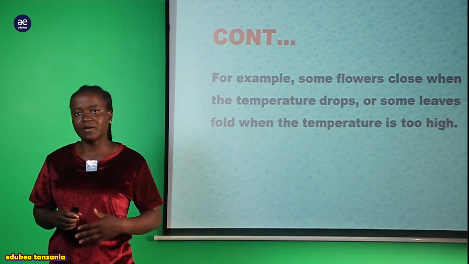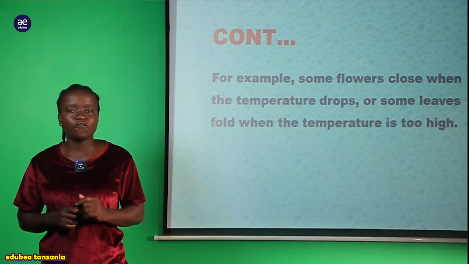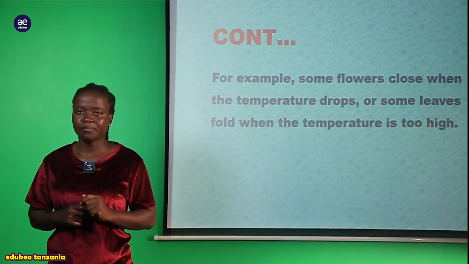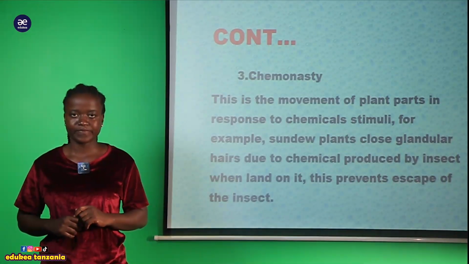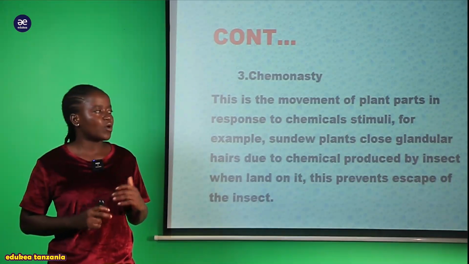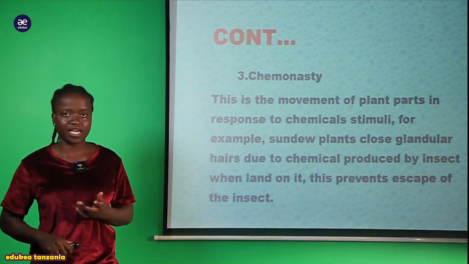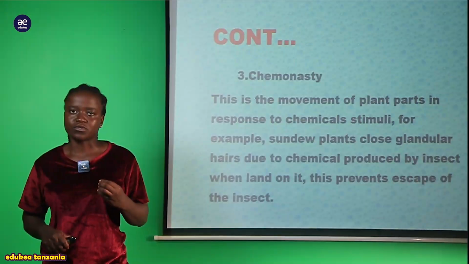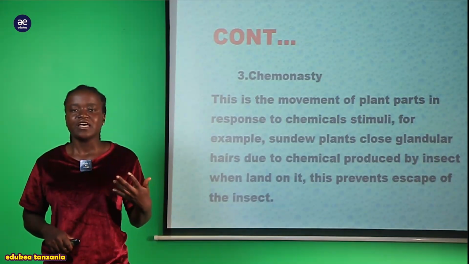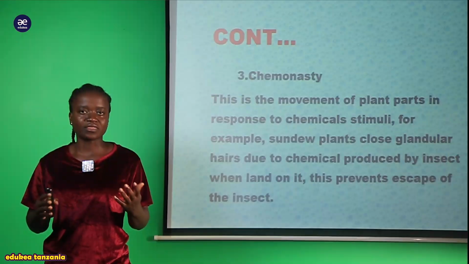Also, apart from thermonasty, we have another type of nastic movement, and this is chemonasty. So what is this now? Chemo means the presence of chemicals, so this organism responds to changes in chemicals within the environment.